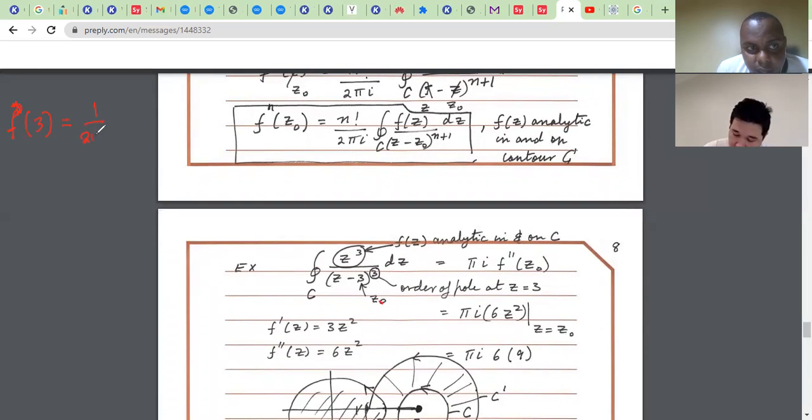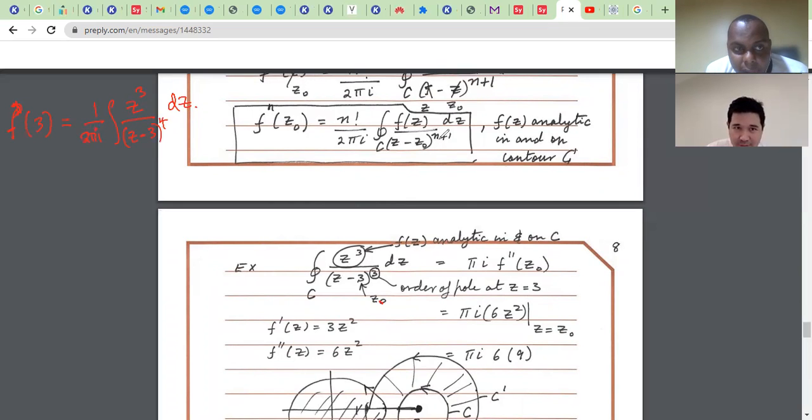This is 2 pi i, integral f of z over contour C, z cubed divided by z minus 3 to the power of 4. Why 4? Oh yeah, it's n plus 1, so it's 4, dz.